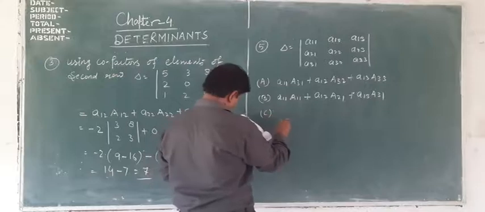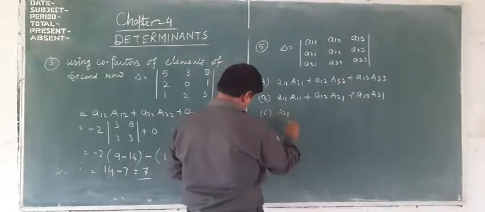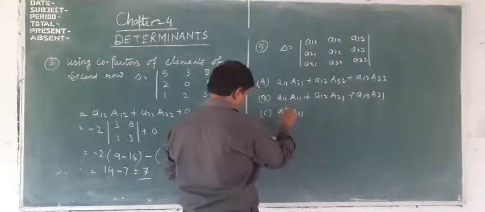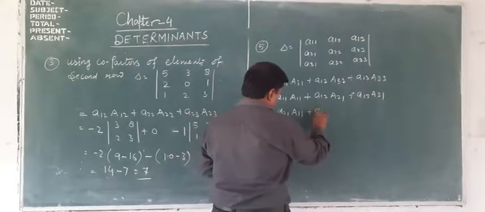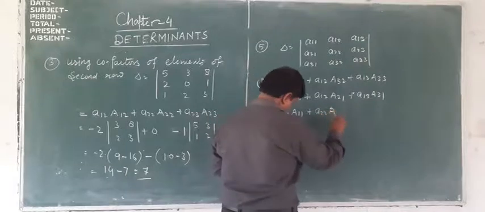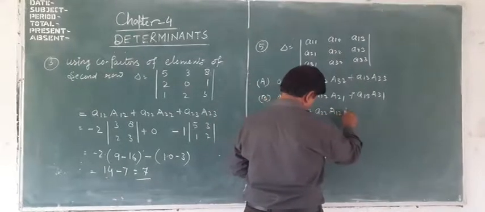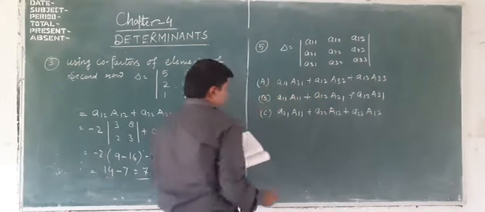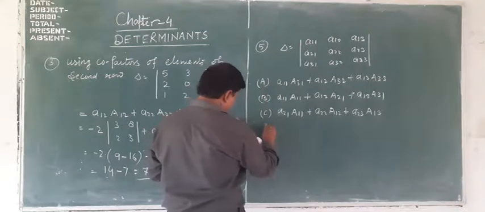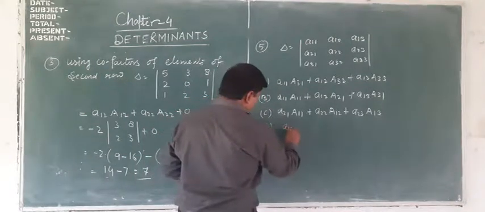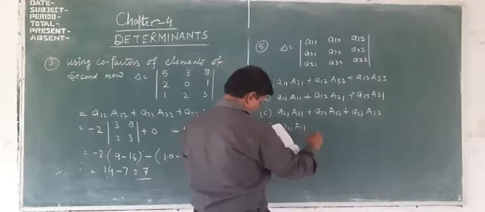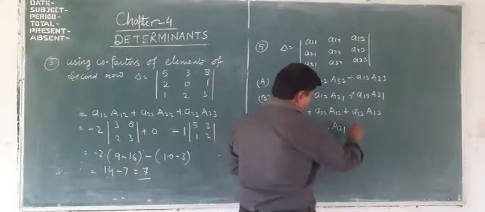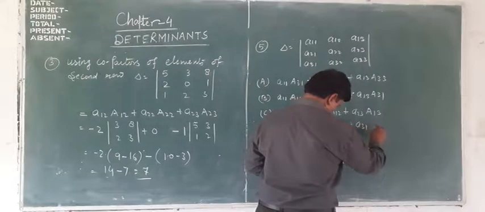C part: a21 A11, a22 A12, a23 A13. D part: a11 A11, a21 A21 plus a31 A3.